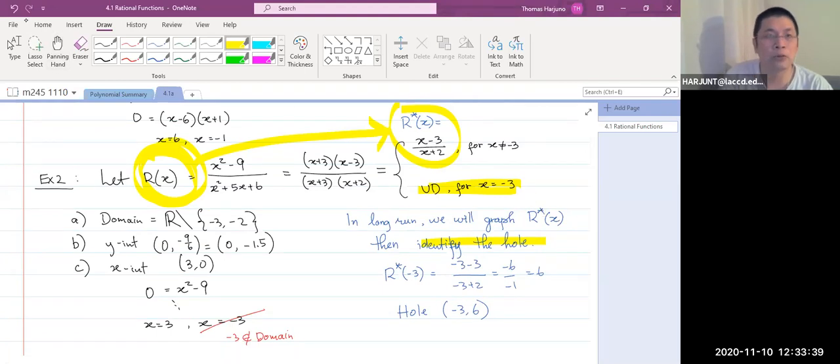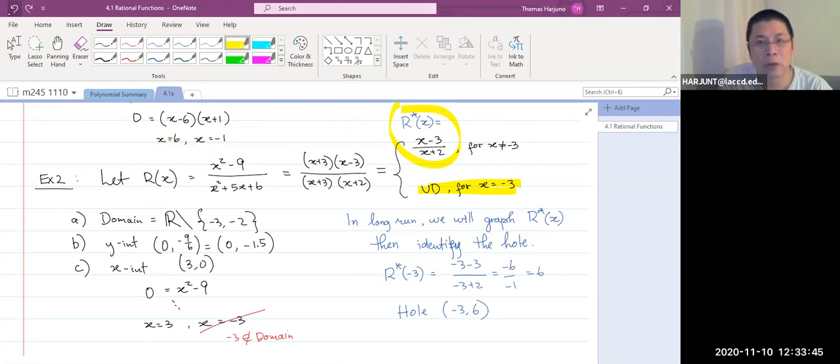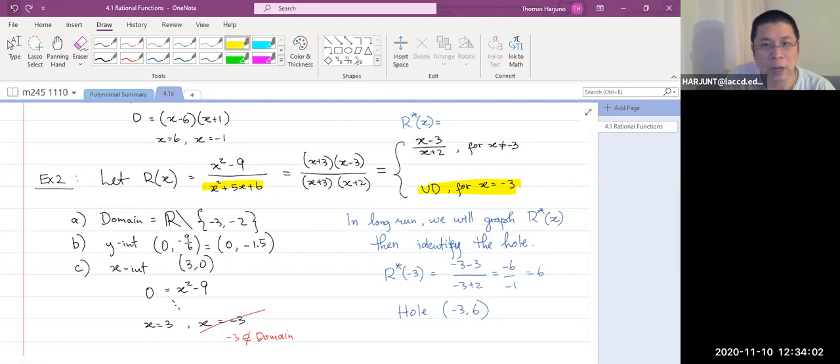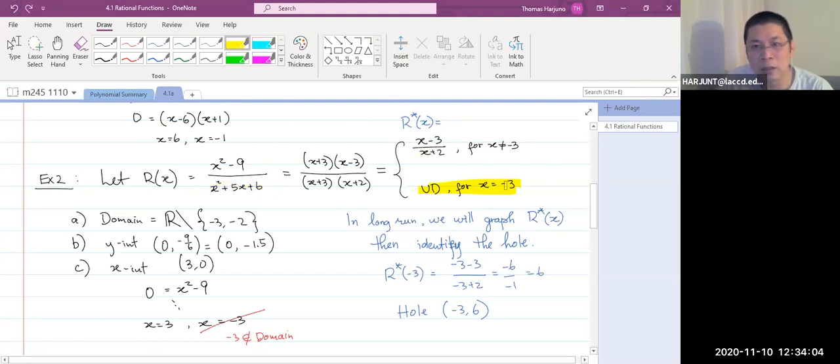Okay, now how to identify the hole? You see, -3 is undefined in the original function, but it is defined in the simplified function. So I plug that -3 into this one.